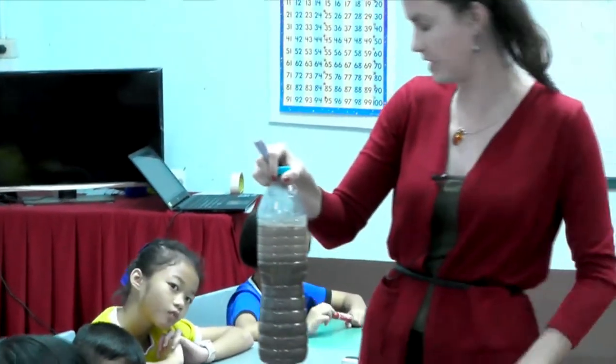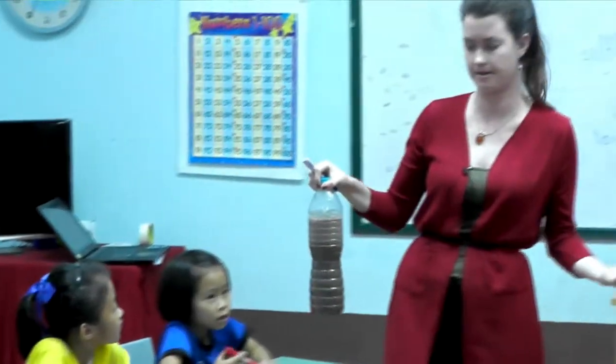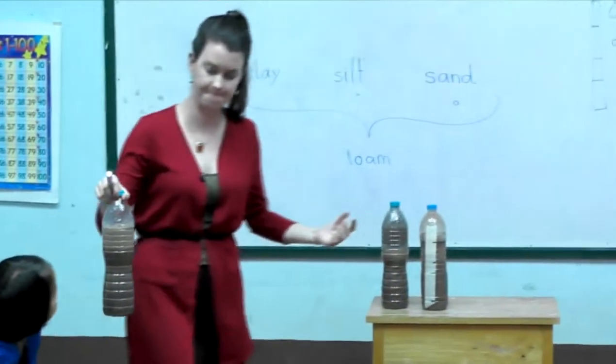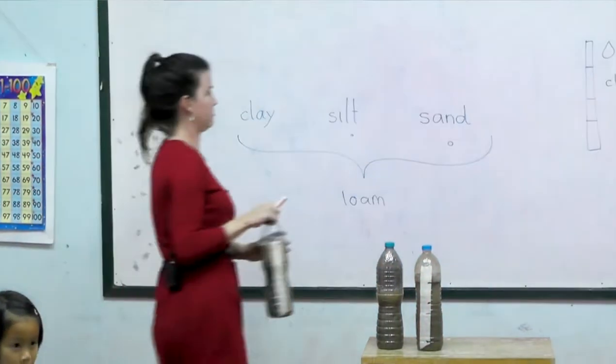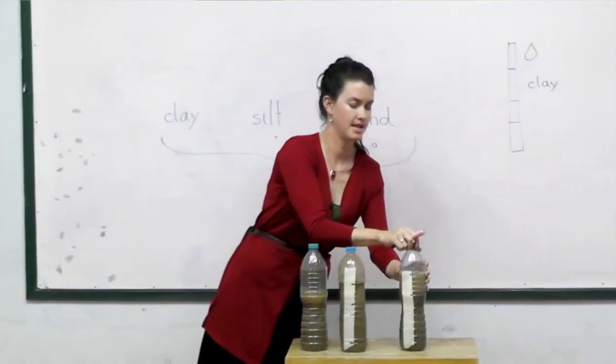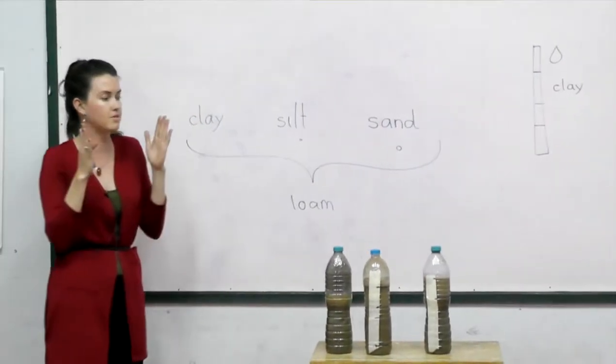We can see them down here. What layer do you think that might be? Silt. Sand. Silt. Sand. Ooh, good guesses. But think about our biggest piece of tiny soil, our biggest one. What is it?